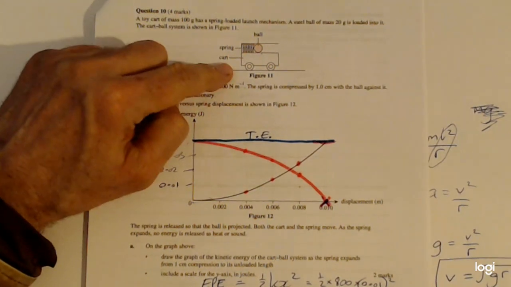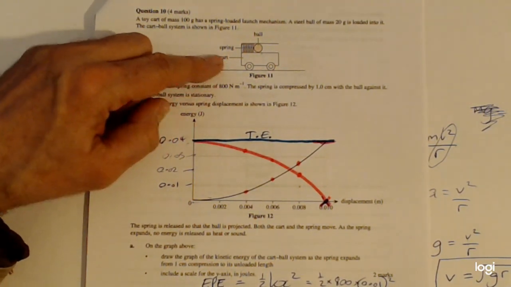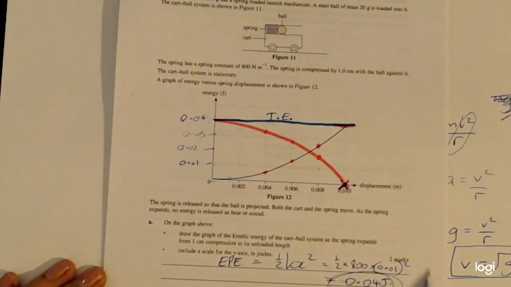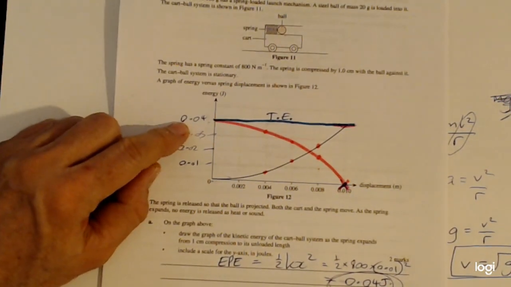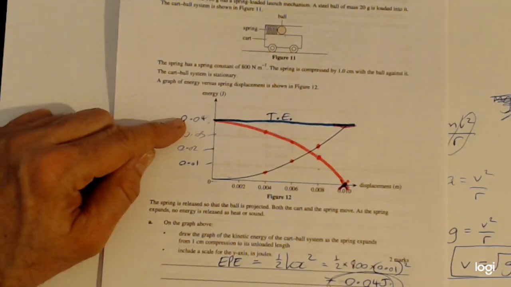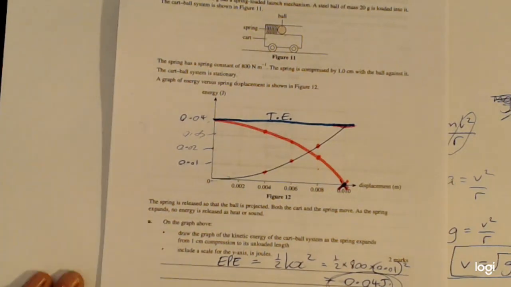The elastic potential energy has to equal the total that it's ever going to be. You had the means to find out what that came to, and that gave you the number. And therefore you drew the rest of the scale to make a number line on the side. That's about it.